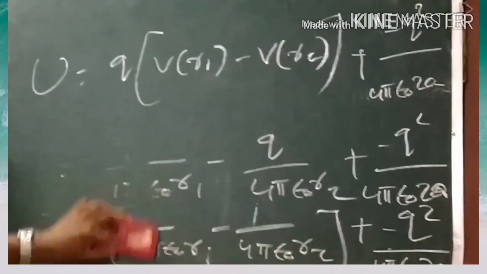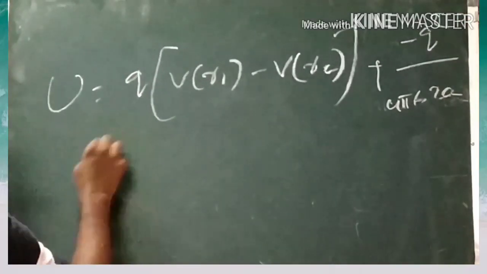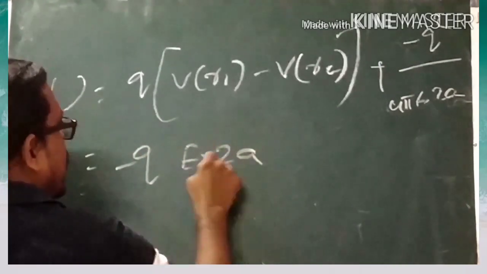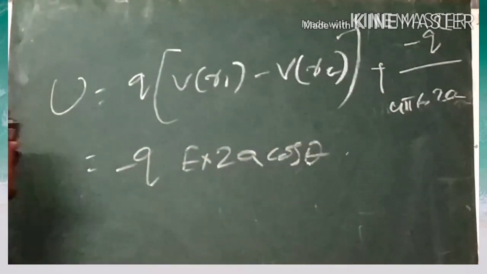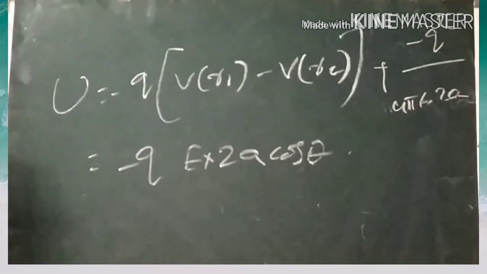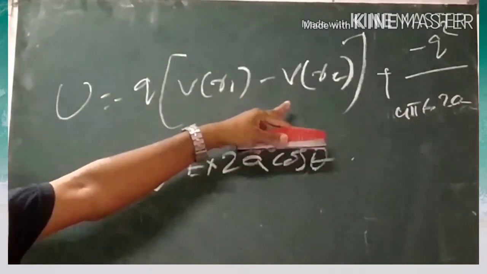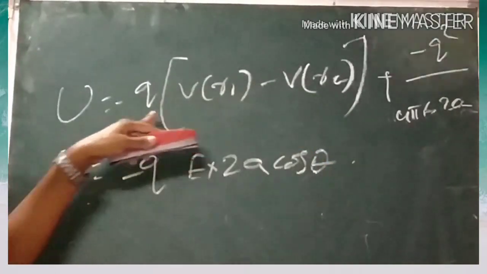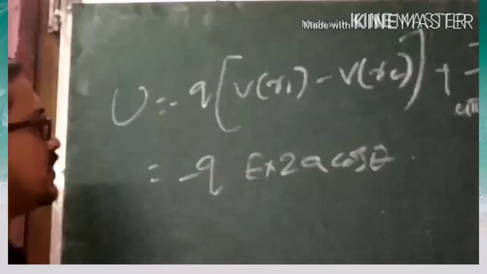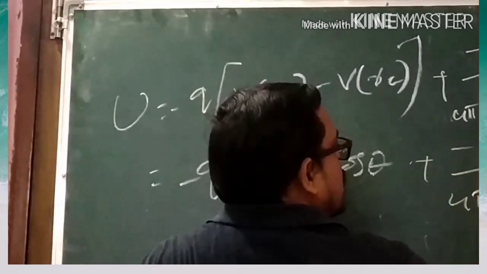So we can write down minus E into 2a cos theta, because there is a minus sign over here also, because during the derivation we have taken Q by 4 pi epsilon 0 R1 minus Q by 4 pi epsilon 0 R2. This is the difference, so simply this is minus Q into 2a cos theta plus minus Q square by 4 pi epsilon 0 2a.